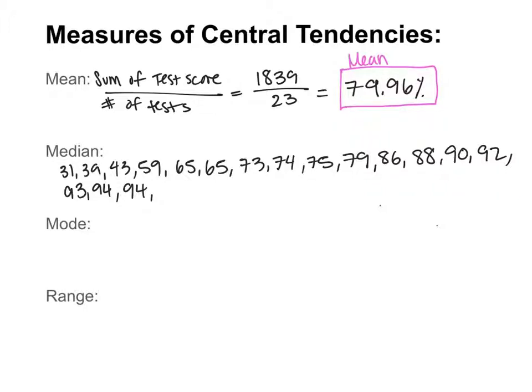Did I do that right? Yeah. 98, 99, and 99 again. And then we have 3 101s.